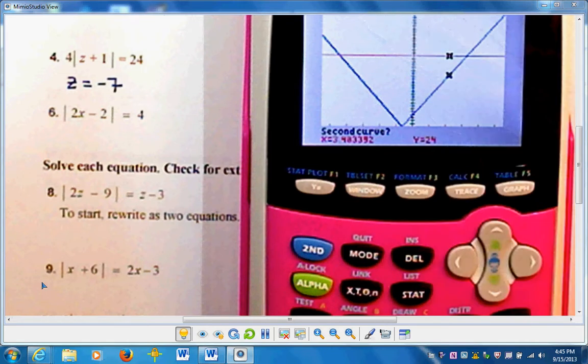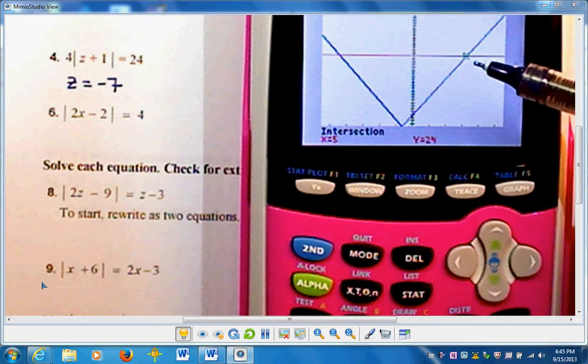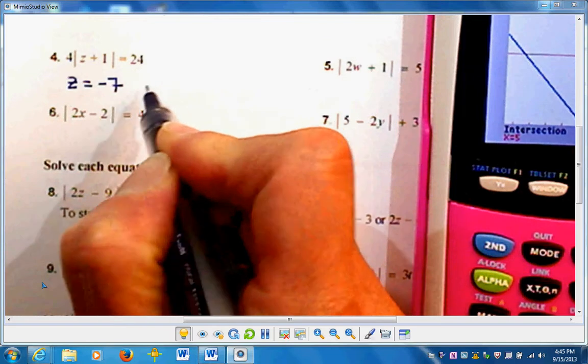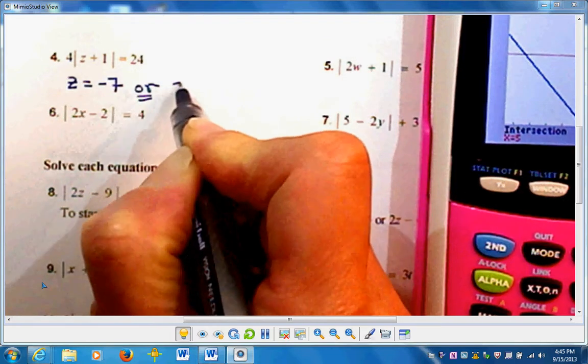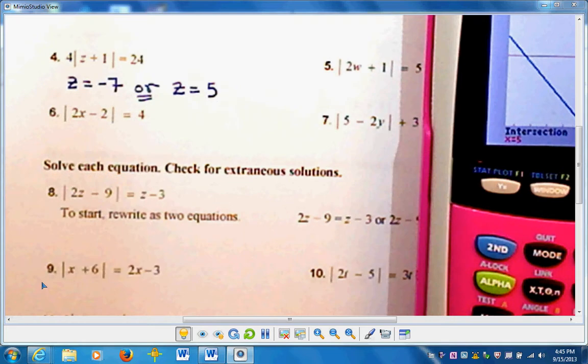It tells me the equation up there. I push enter, enter, and now it's right on the intersection. So that side is where x is 5. So that would be my other answer here. Or z equals 5. So those are my two answers to that problem.